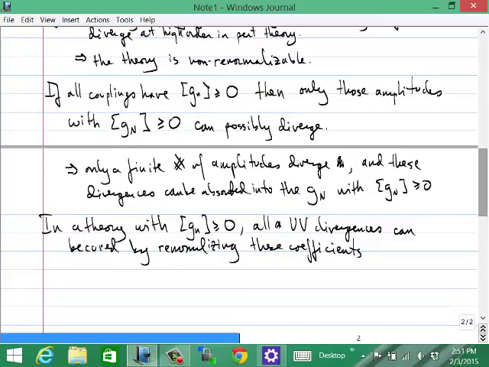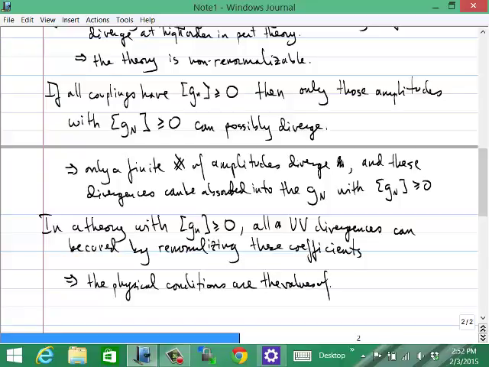And for each UV divergence that you need to cure, you have a counterterm that you need to fix, and you have a physical condition that you need to impose in order to fix that coefficient. And the corresponding physical conditions can be taken to be really setting the values of these coupling constants at some physical scale.